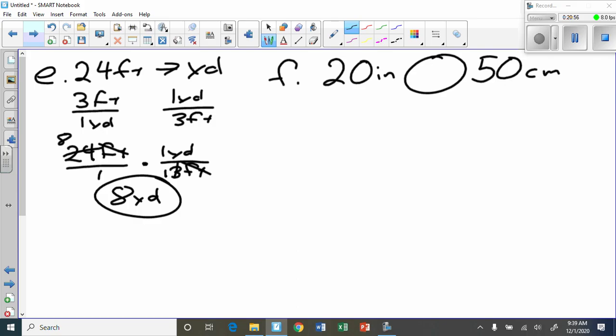I'm going to change 20 inches into centimeters. Maybe we'll do them both. And then we're going to change 50 centimeters into inches. We're doing both.